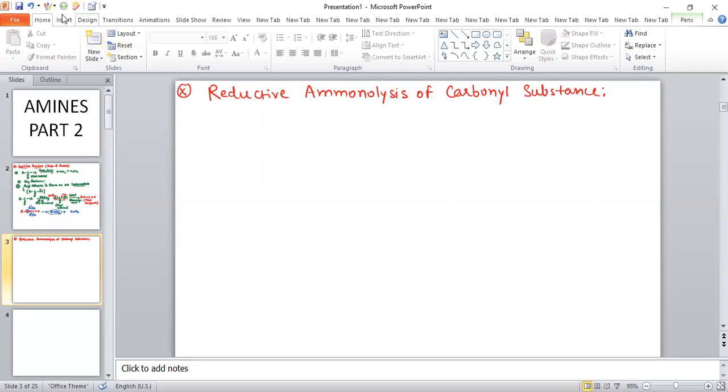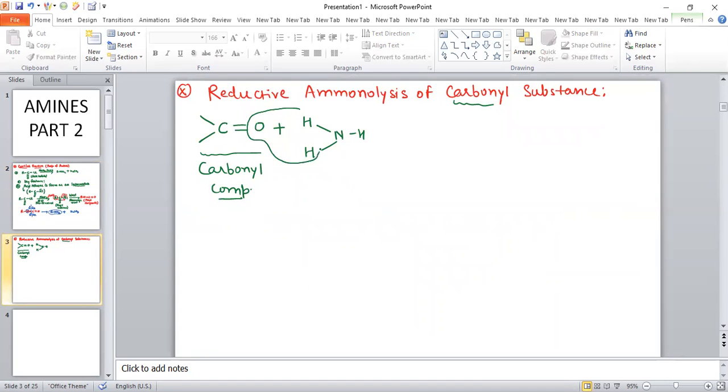So we are discussing carbonyl compounds. Take the carbonyl group, which is C double bond O. When this carbonyl compound reacts with ammonia, NH3, in the first step, what happens?